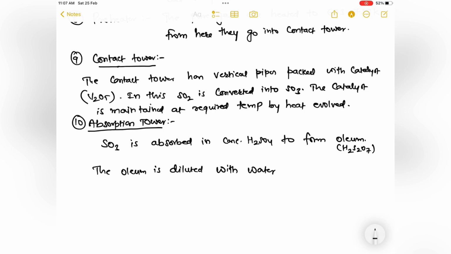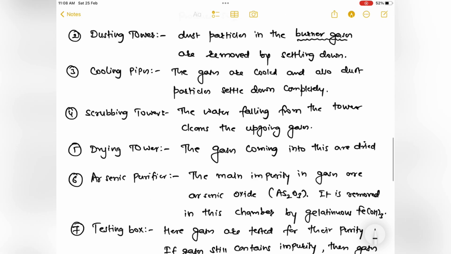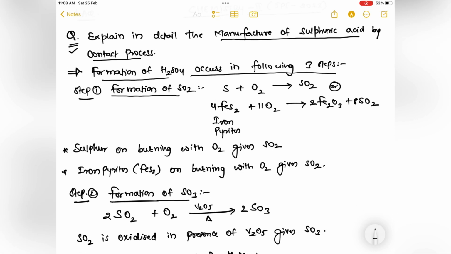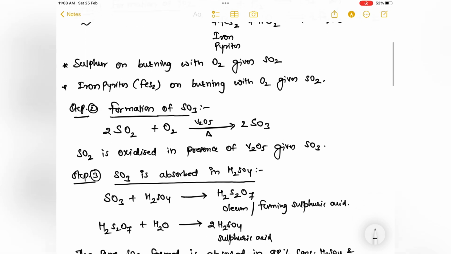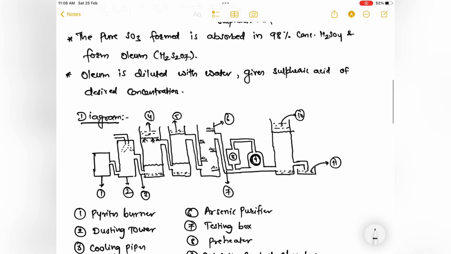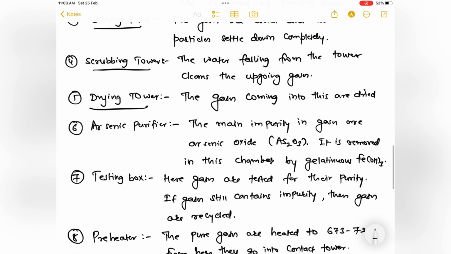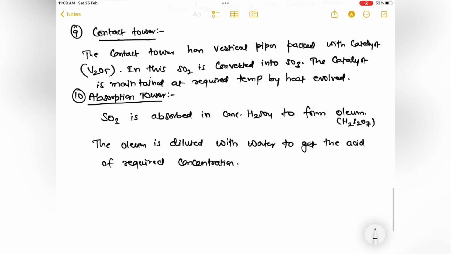The oleum is diluted with water to get the acid of required concentration. Right. So 3 steps we covered here, then we have seen the diagram, then we have written the functions of all. Right. Thank you very much.